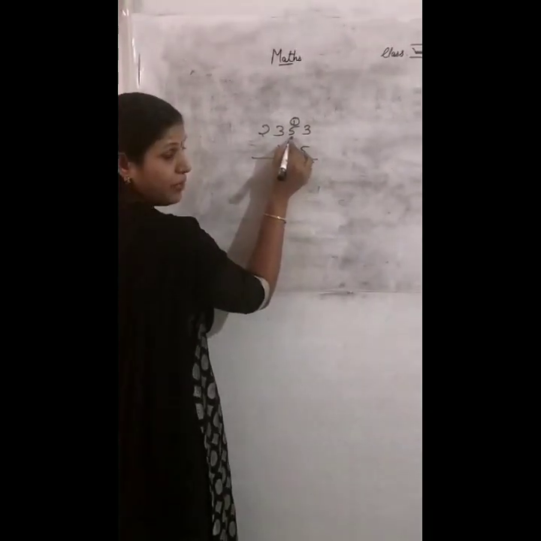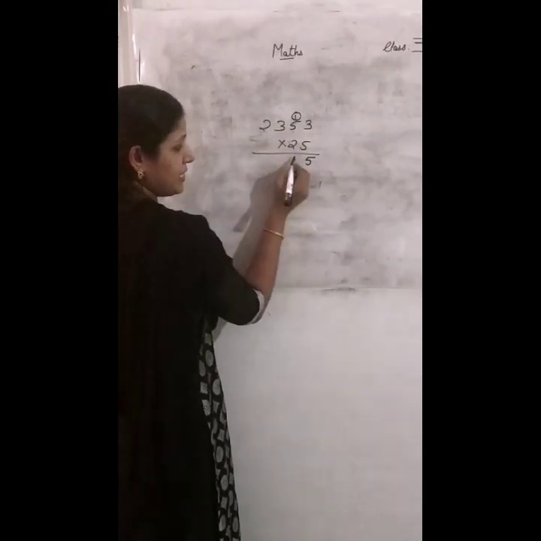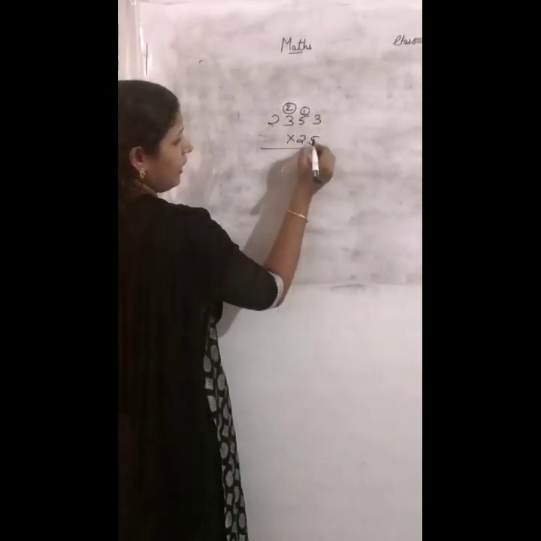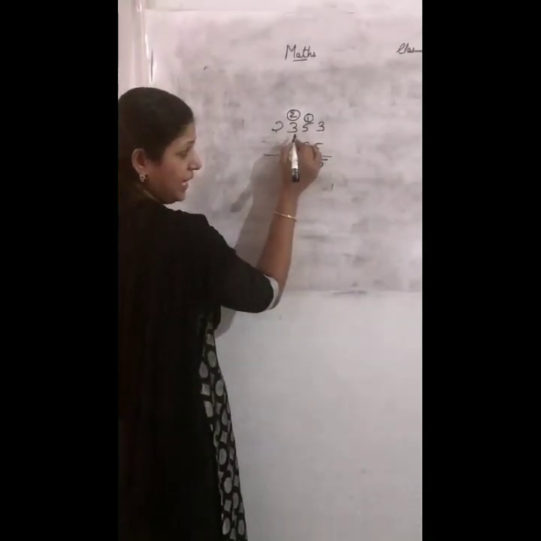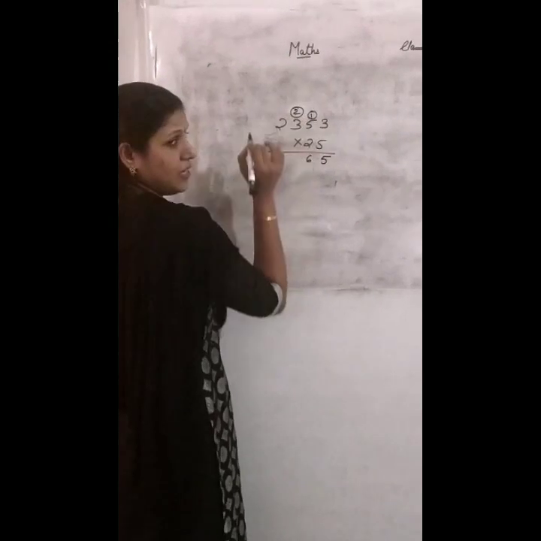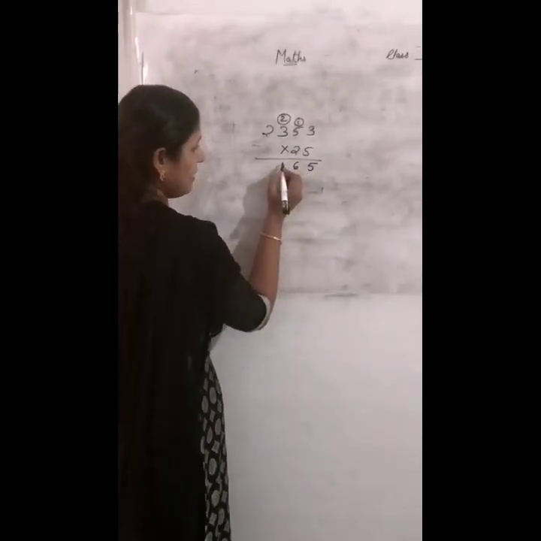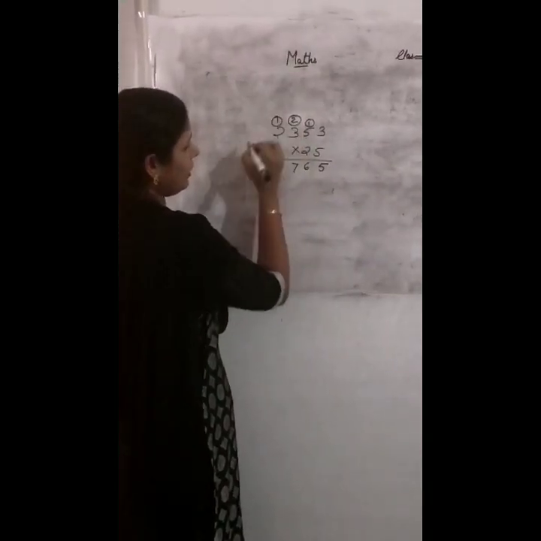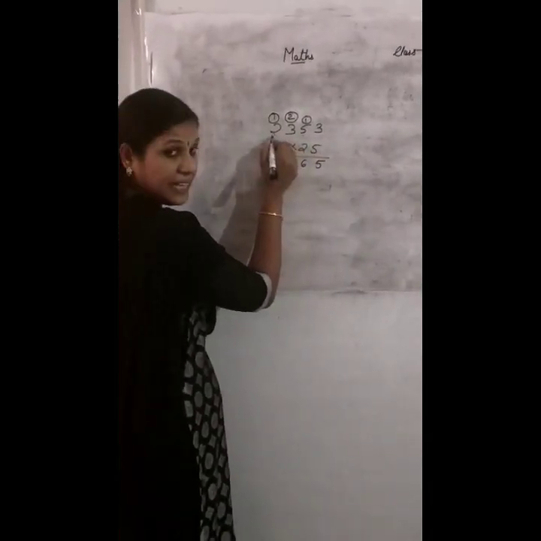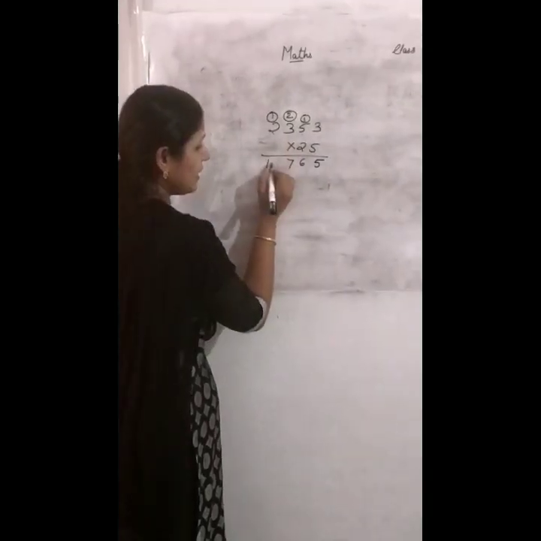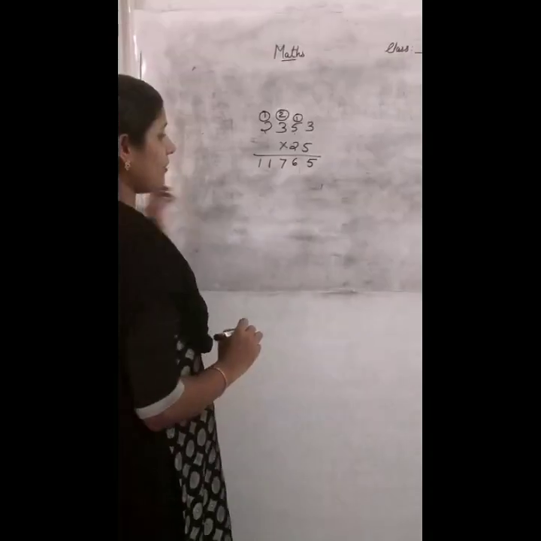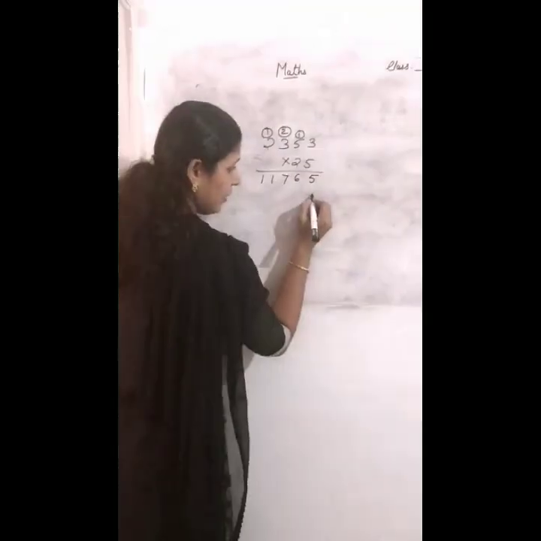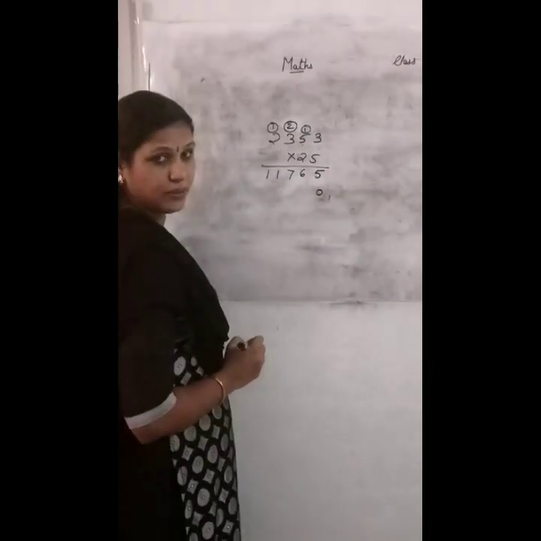Then 5 5s are 25, 25 plus 1, 26, 6 carry over 2 here. Then 5 3s are 15, 15 plus 2 is 17, 17 we write here, and the carryover is 1 here. Then 5 2s are 10, 10 plus 1 is 11. After finding these numbers, we put a 0 here.